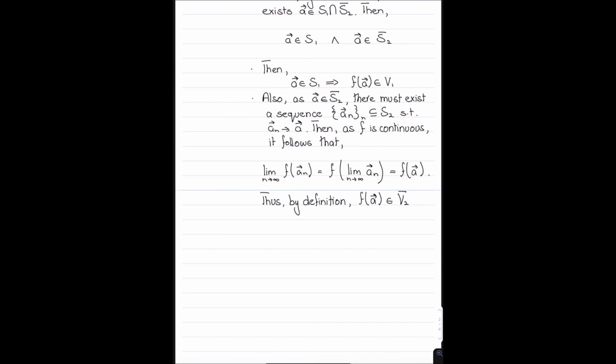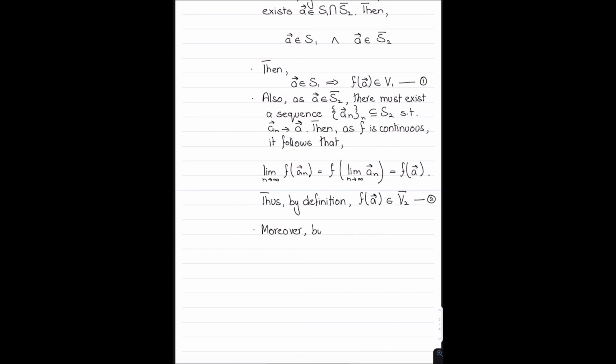We've also shown that f of A is in V1, but here's the contradiction. Let's label this 1 and this 2.